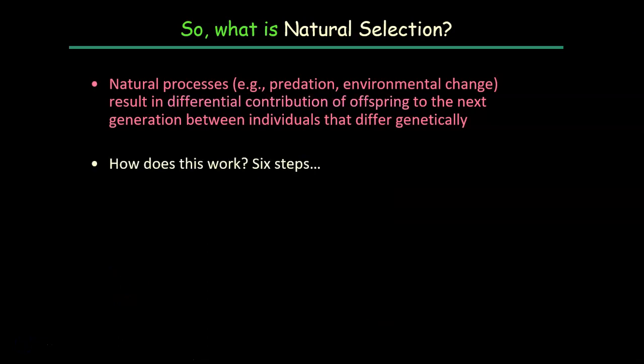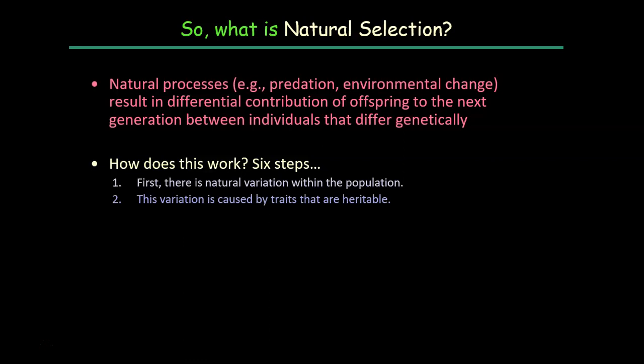Okay, so natural selection, there's 6 steps to understanding the mechanics of it, how it works, how it leads to changes from generation to generation. First of all, there has to be natural variation in the population. If all individuals are the same, then no individual in the population is going to have an advantage over others in terms of how many offspring they have.